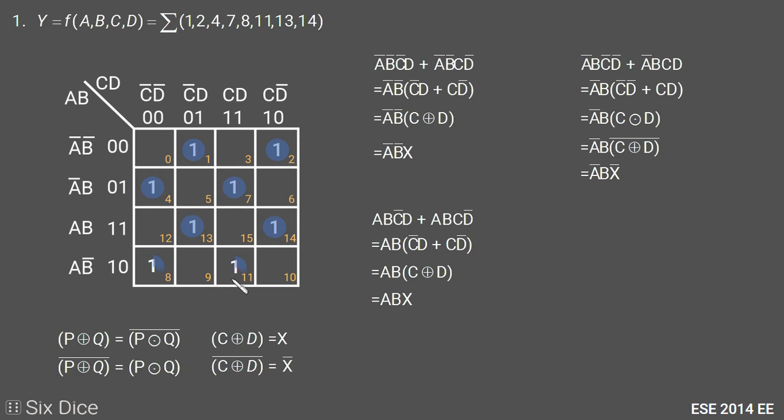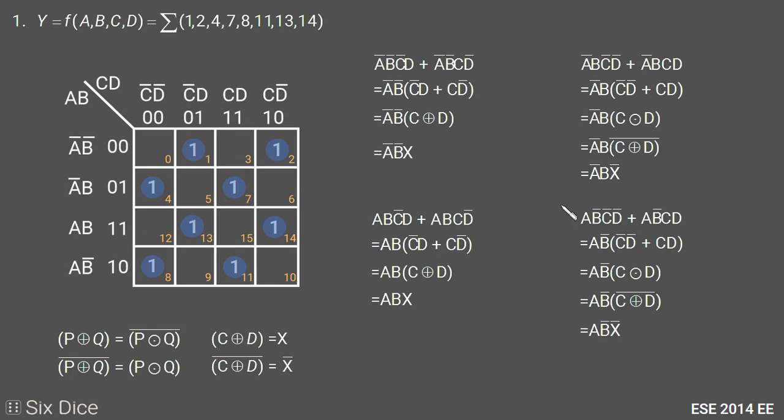For the last two ones, this one is A, B bar, C bar, D, and this one is A, B bar, C, D. Taking A B bar common, we end up with C bar D bar plus C D, which is the XNOR of C and D. We put that as x bar, so we get A, B bar, x bar.